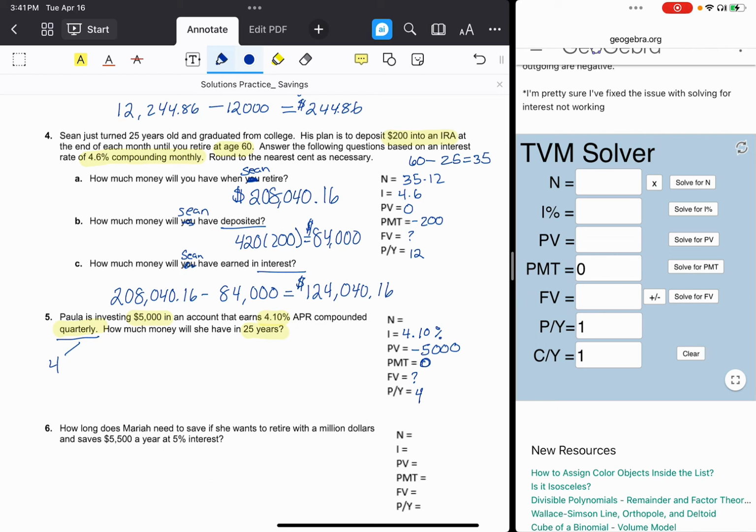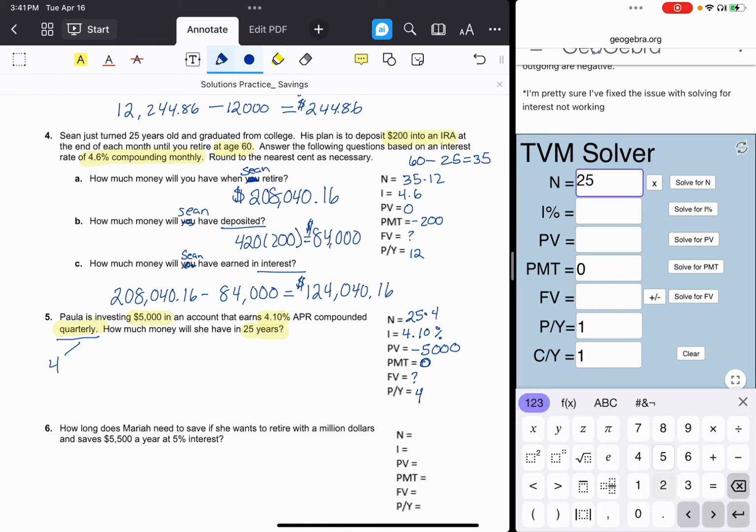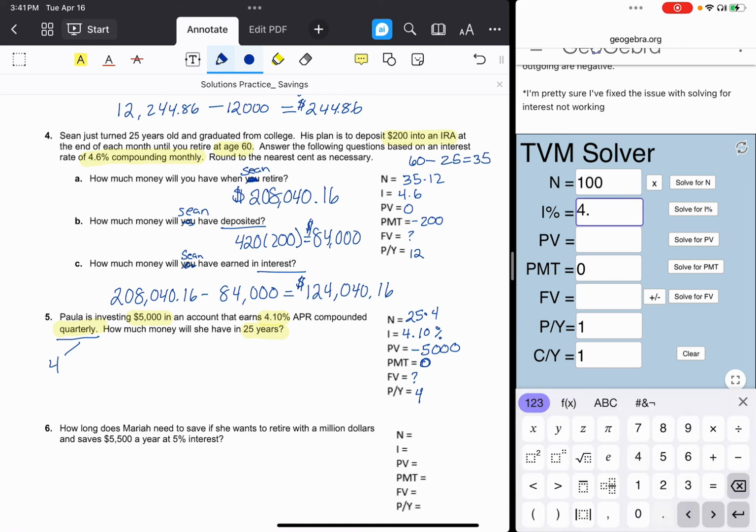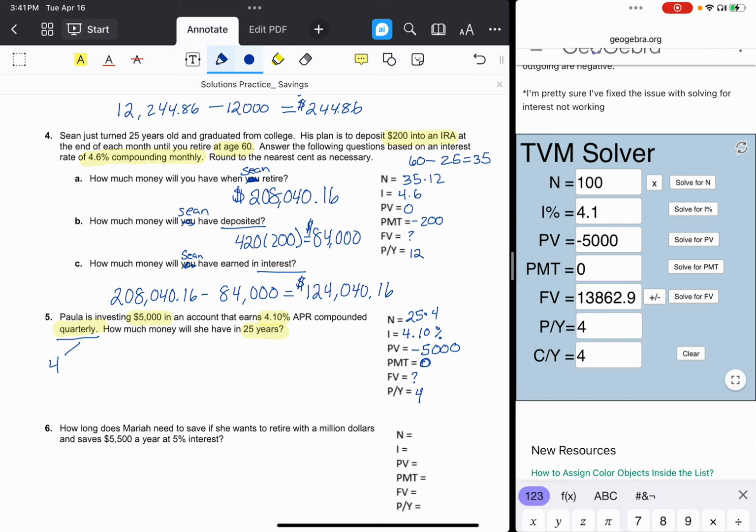So for the number, it's 25 times 4, the number of times that it either compounds or the payments you make in a year. So 25 times 4, 4.1, negative 5,000, because we don't have that money in our pocket anymore. And I want to solve for my future value.